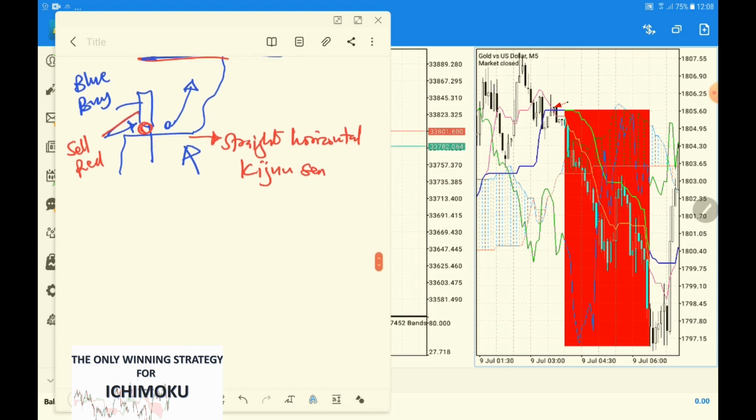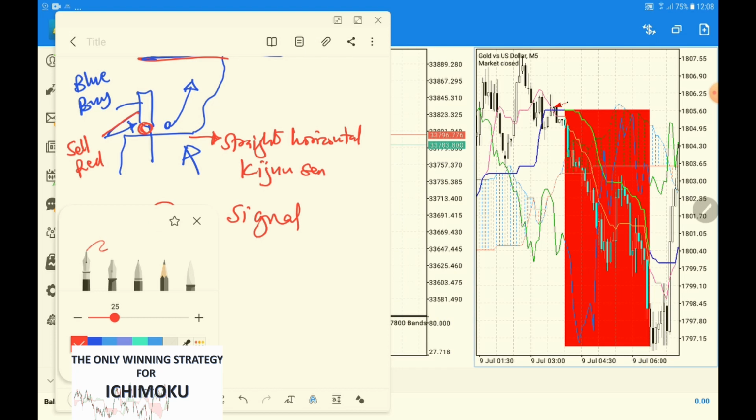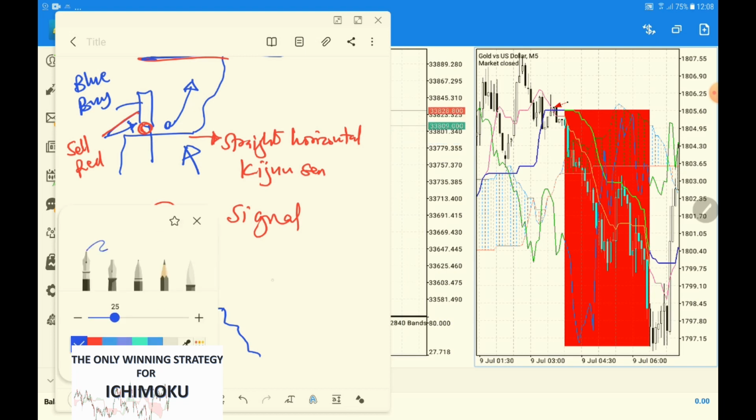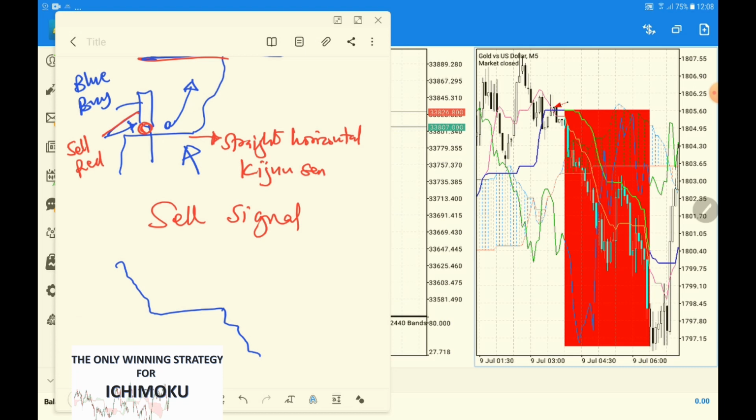For sell signal, since we used blue color for the Kijun-sen in this video, let's use the blue color to draw it. We just want to see the Kijun-sen in a straight horizontal line, and then price should break above it but close below it.